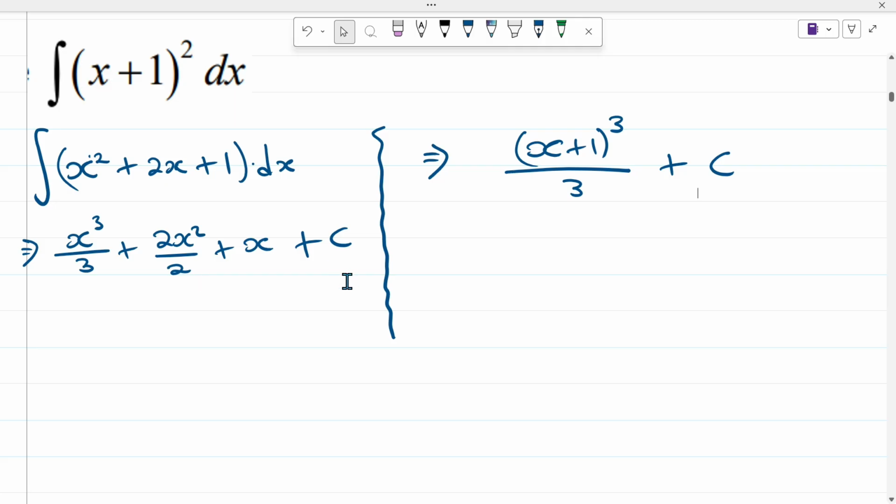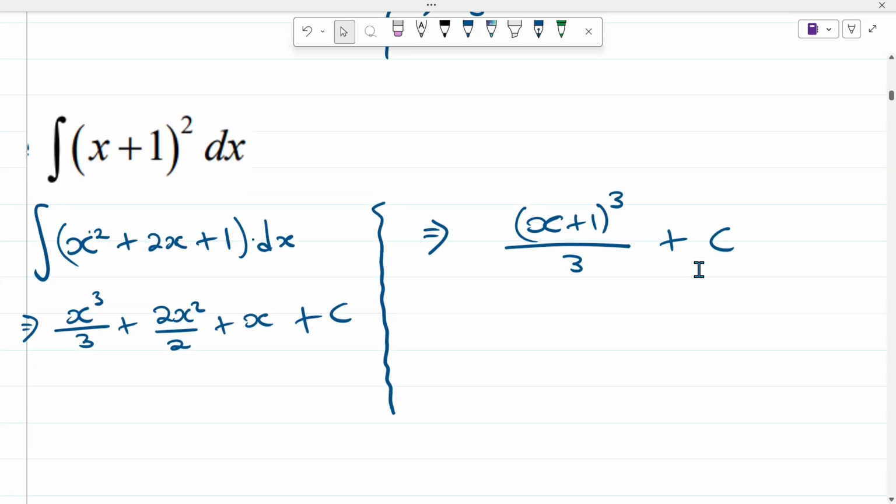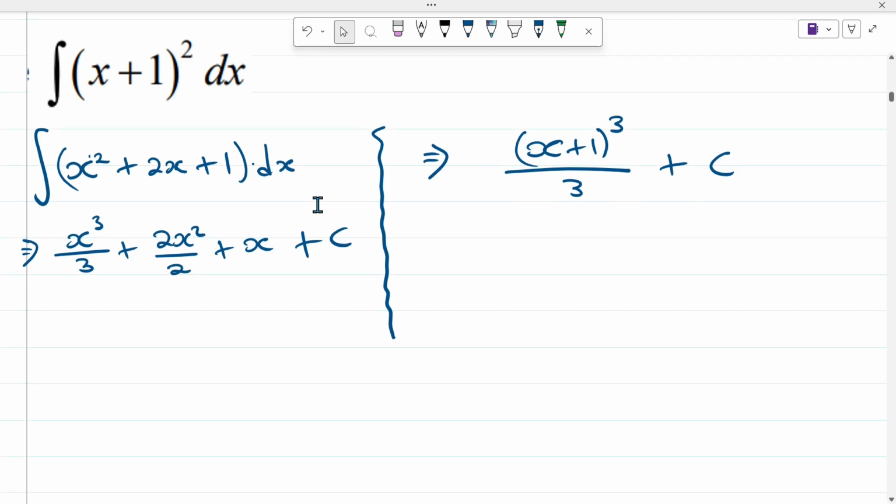So yeah, you can just take your time and expand these, divide by 3, it should take you back there. Anyway, I'm not going to do that, it's for you. But yeah, the two answers are the same. This is one of the most important things that I wanted to emphasize: in integration you can have two answers that look different, but they are the same answer for that one question.